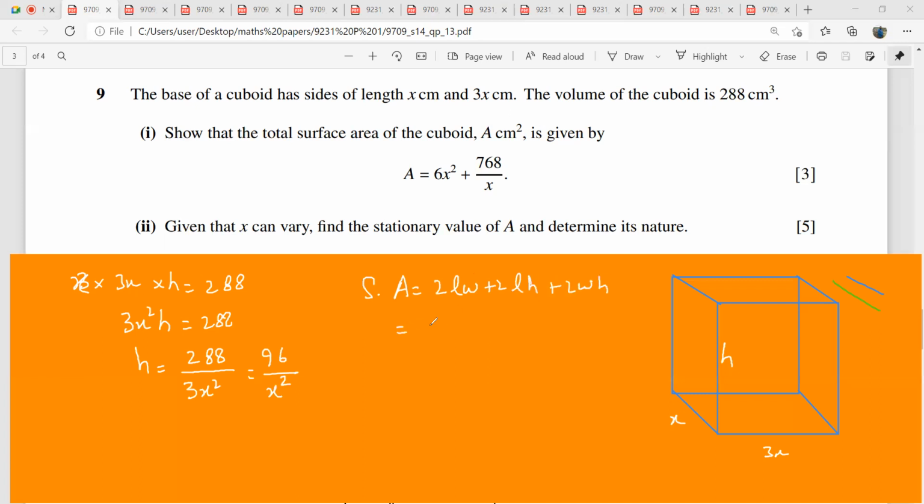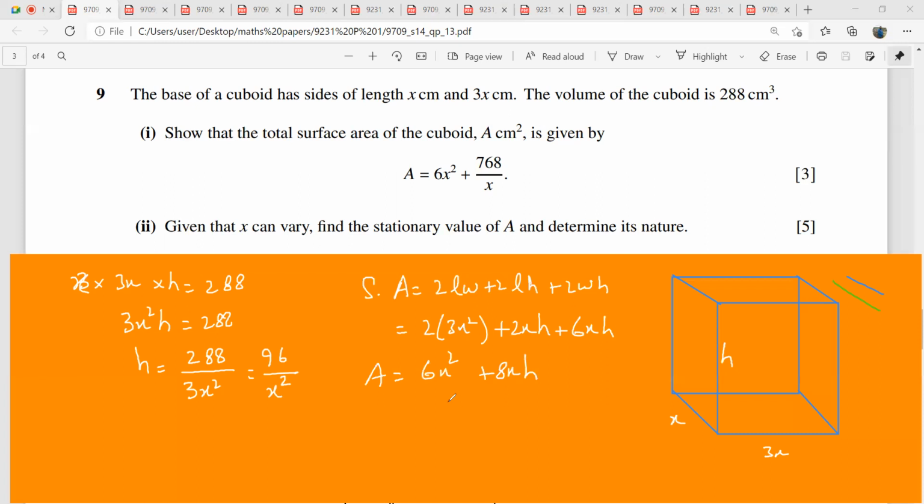So that has to be now twice length into width, that is 6x squared. Okay, then twice length into this, so that is 2xh, and then twice width into depth, and this is going to be 6xh. You can see that your area is purely in terms of x. So this is 6x squared plus 8xh.